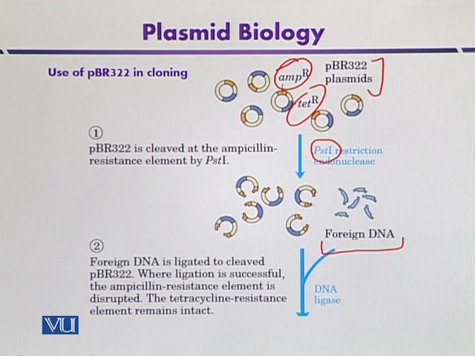So both the foreign DNA and the plasmid DNA have been digested, and later on they will be ligated. When DNA ligates within the region of the ampicillin resistance gene, its function will become inactivated. So that cell will become sensitive to ampicillin but still resistant to tetracycline.